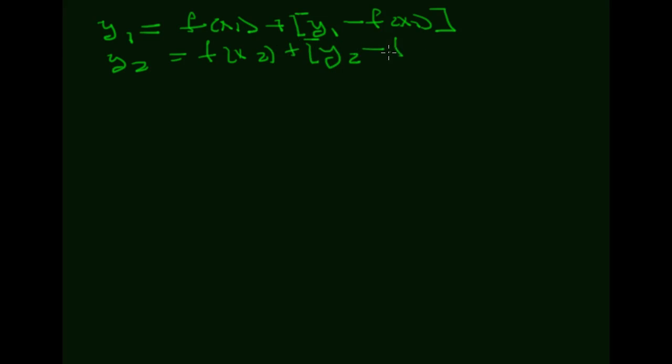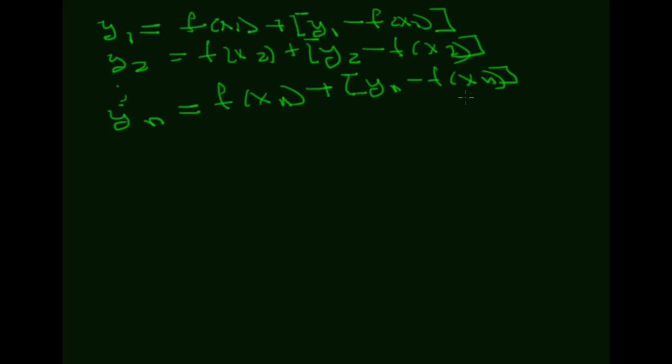That's all we're doing here. And this goes down to yn equals f(xn) plus yn minus f(xn). So we just added the functional value in and then took it back out.